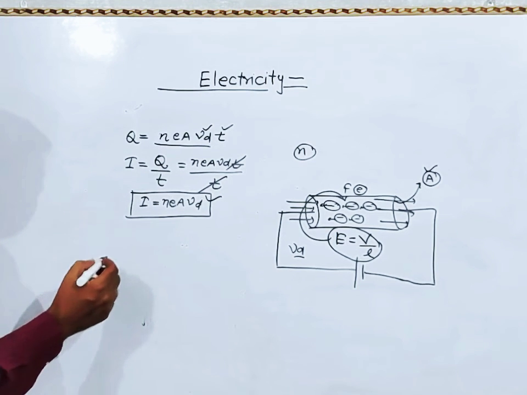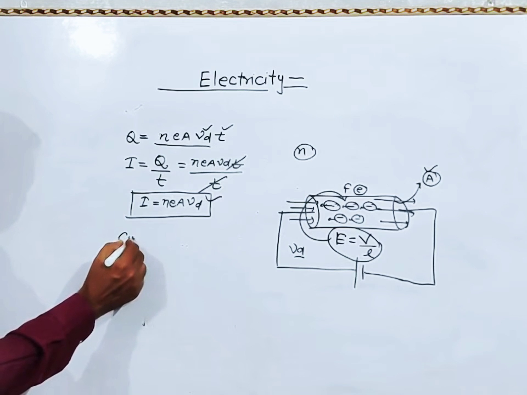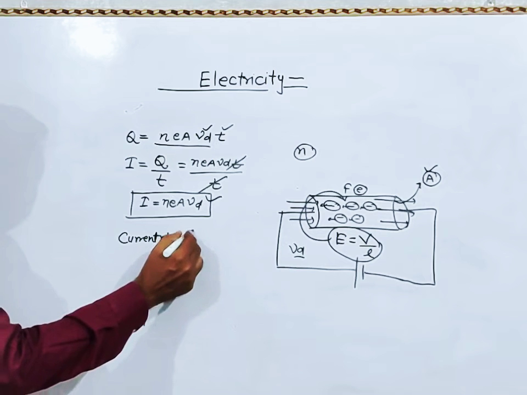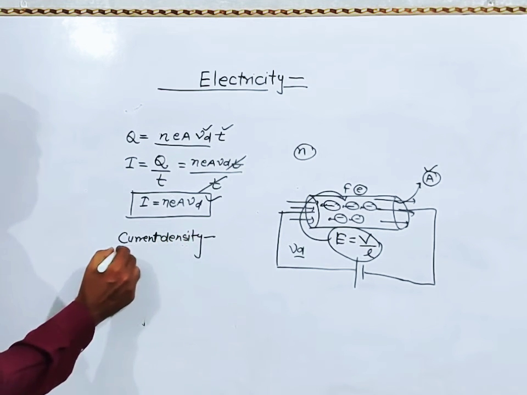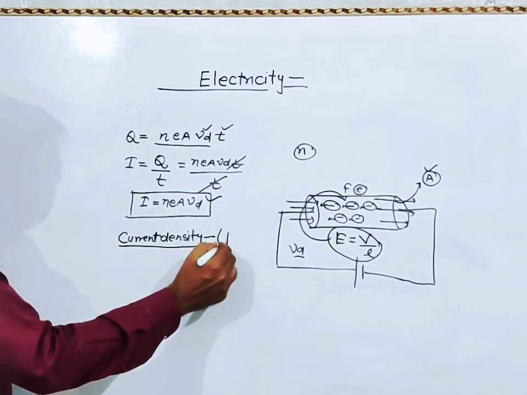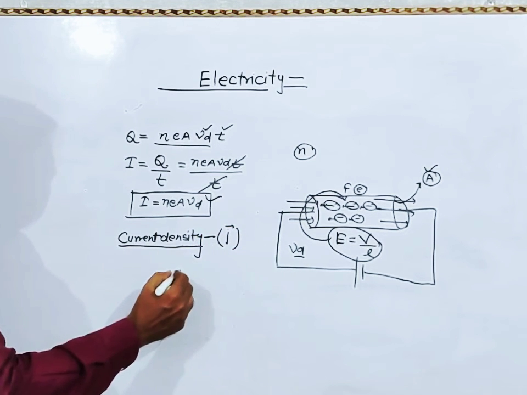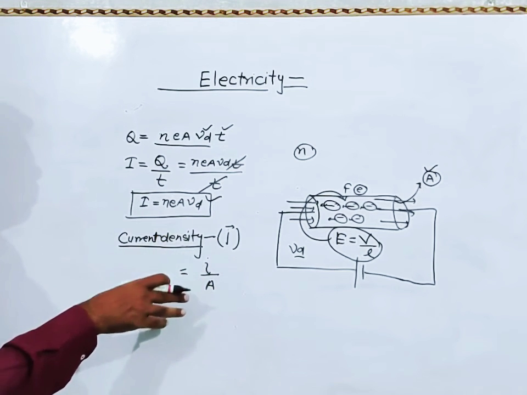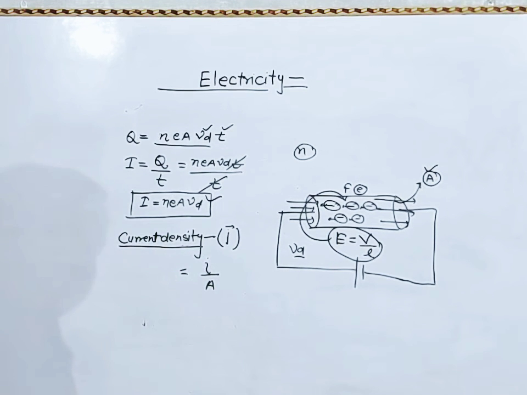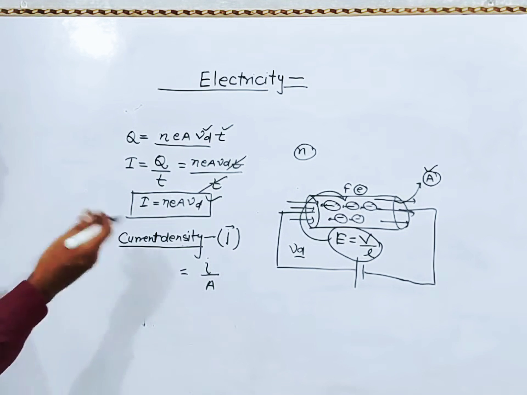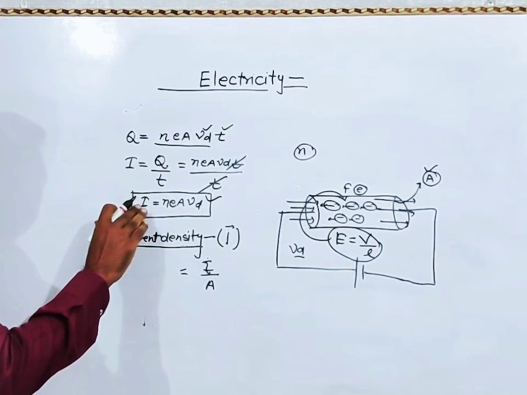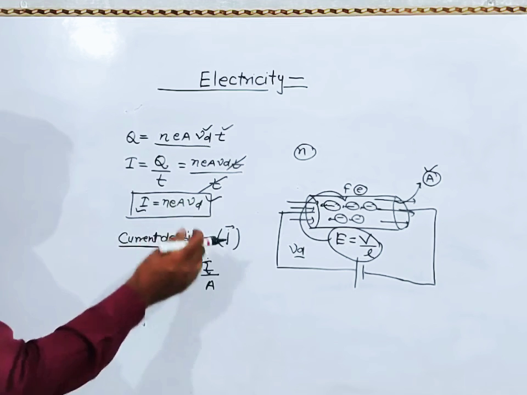After this, there is another physical quantity that is called current density. Now, current density is defined as, we represent it by J, it is a vector quantity. It is defined as I by A, that is current flowing per unit area in the cross sectional region, that is called current density. Now we can also place the value of I, that is evaluated in terms of drift velocity.